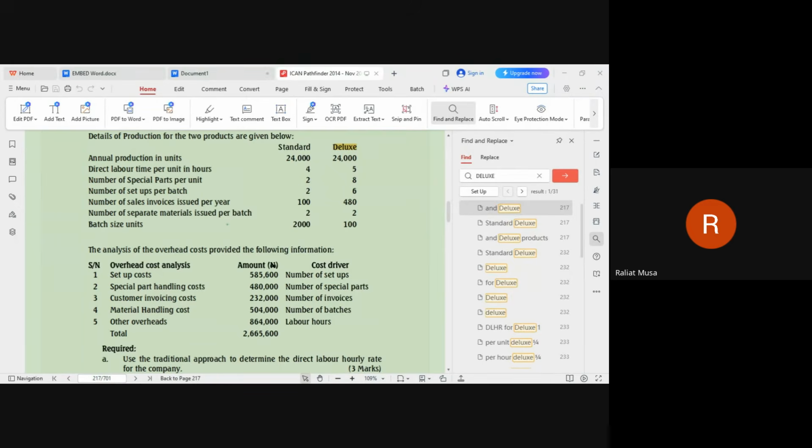But when we want to do allocation, we are going to use these two. We are going to multiply it by, what do they call it? No, I'm confused. The OAR, that's the CDR, the cost driver rate. Is that what you're trying to say? I don't know if you understand me.